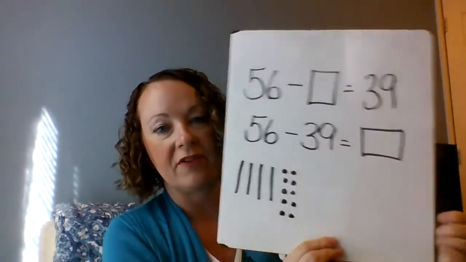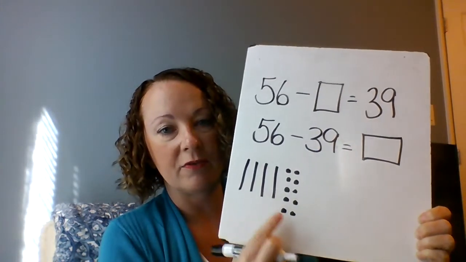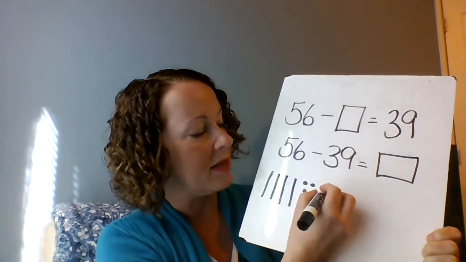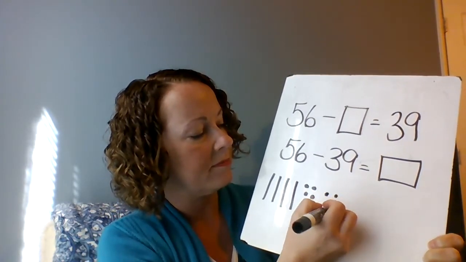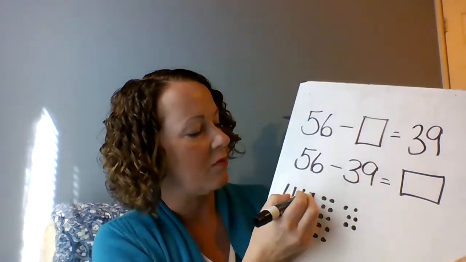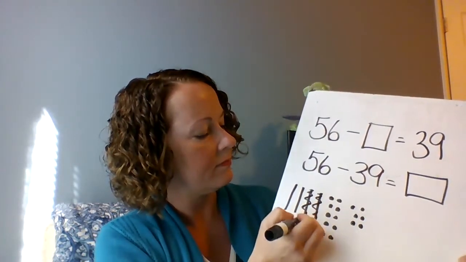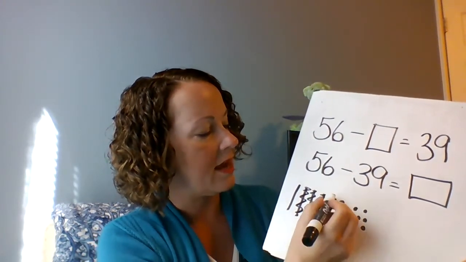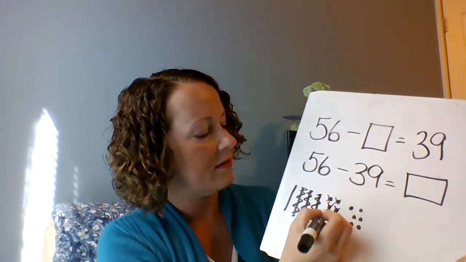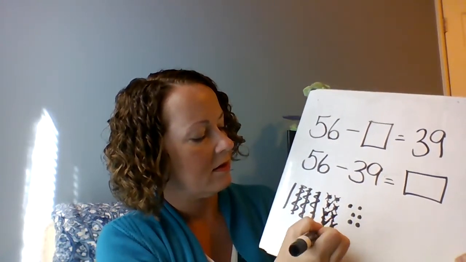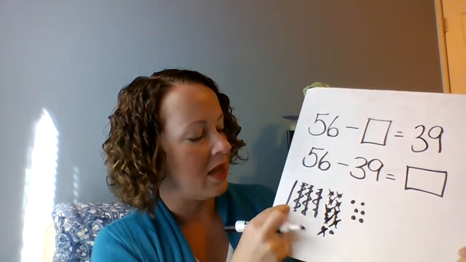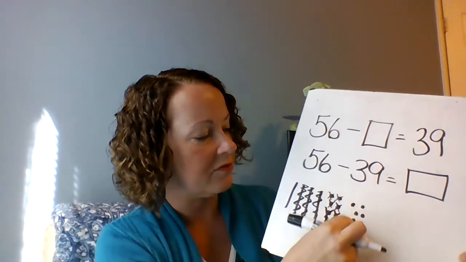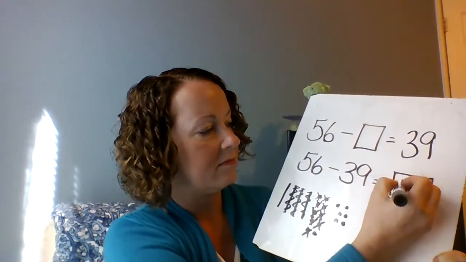So notice I have 50, 10, 20, 30, 40, 50. Now I'll make the 6 ones. Then I can take away 30 and 9. And I'm left with 10, 11, 12, 13, 14, 15, 16, 17.